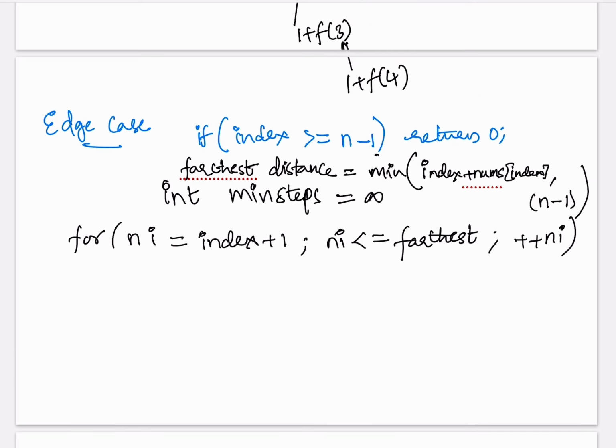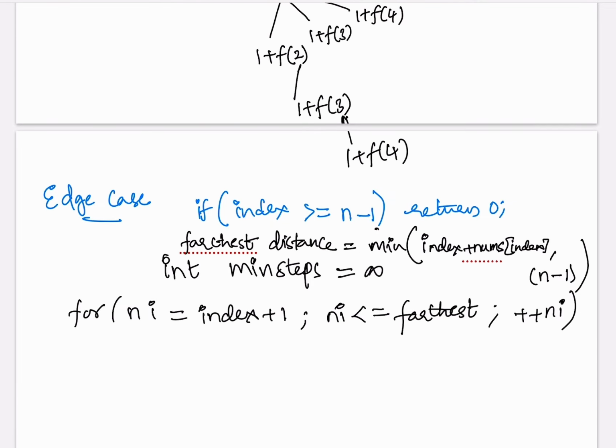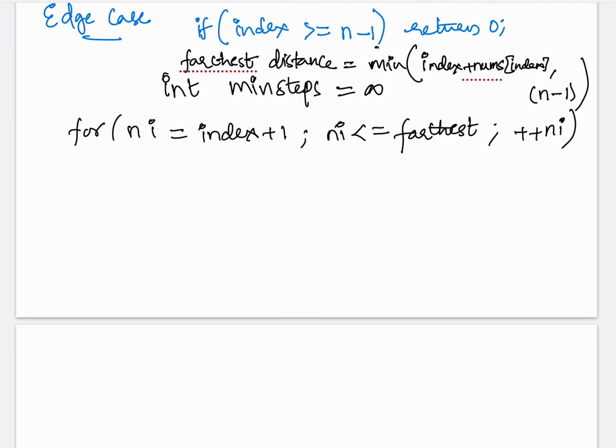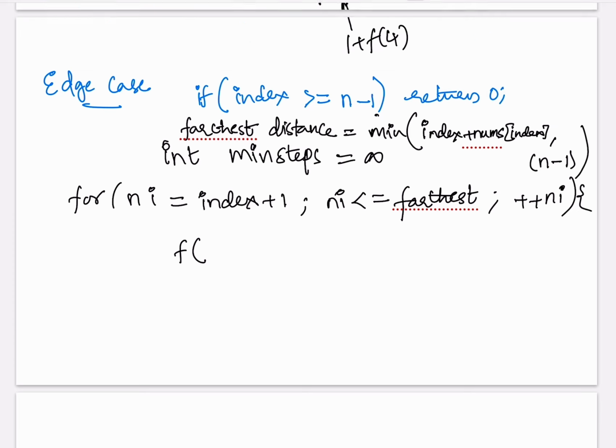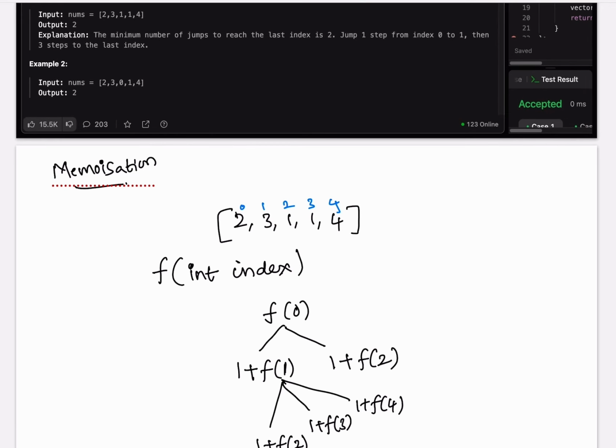Yes, I am writing the for loop. Generally we start from index 0, that's okay, and I am writing a for loop, and I am getting all possibilities. From 2 you can go at most this.